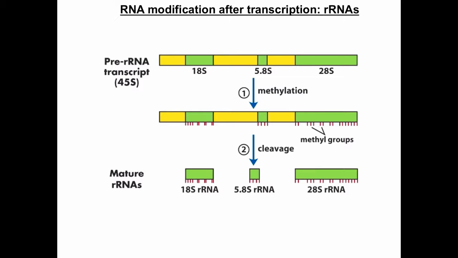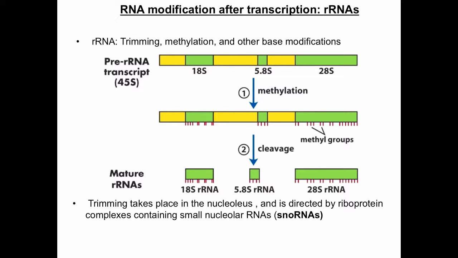There's also modification of rRNA. rRNA is made as a long molecule, and it undergoes methylation at specific sites. Those sites represent what's called the 18S, 5.8S, and 28S. After it's become methylated, it's cleaved to form these 3 different rRNA fragments.